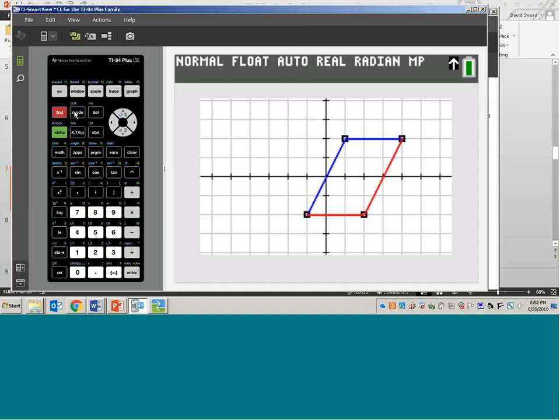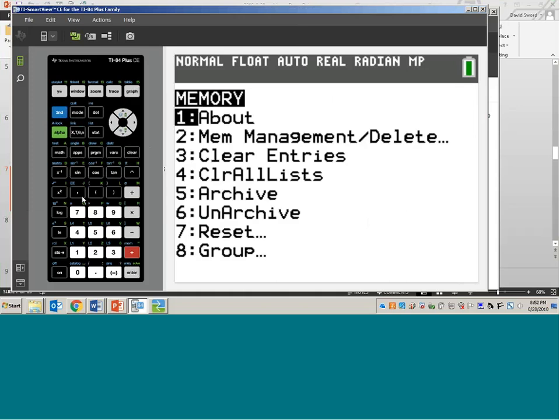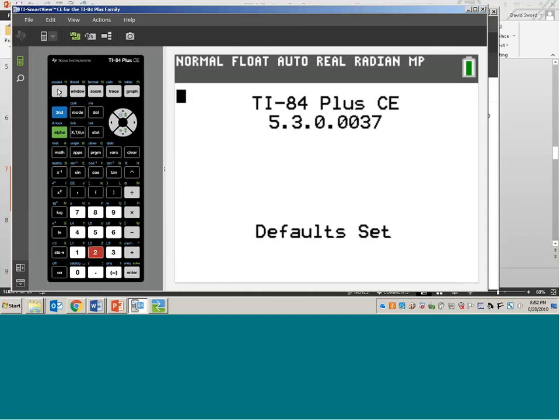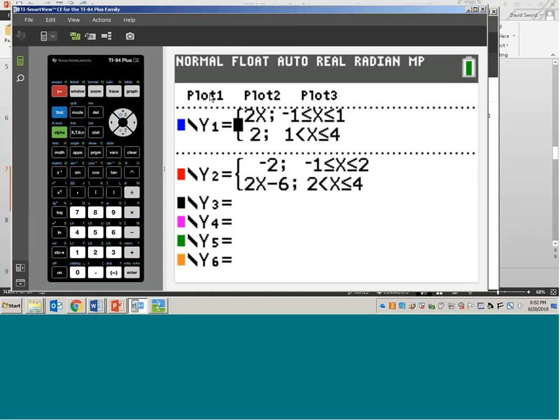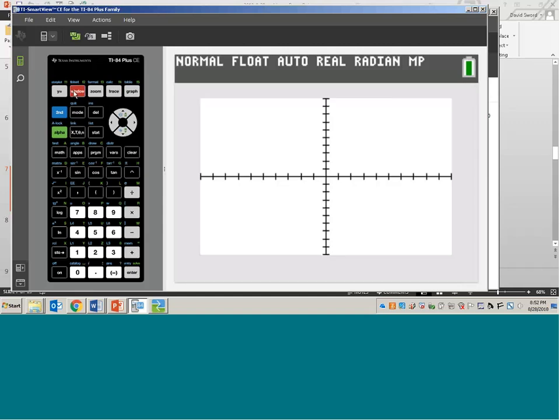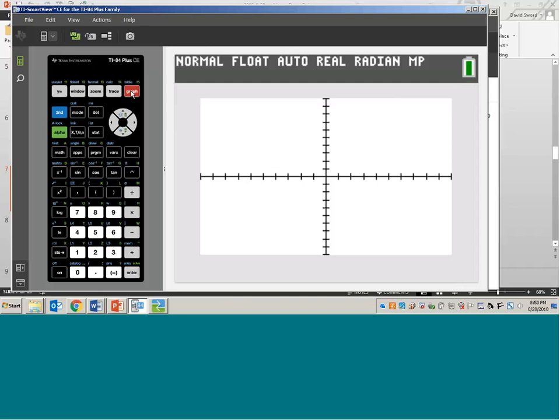I'm going to actually start from scratch and press second memory defaults and reset all of my defaults. What did that do? It turned off my plot and set my window back to standard settings and turned off my plot.